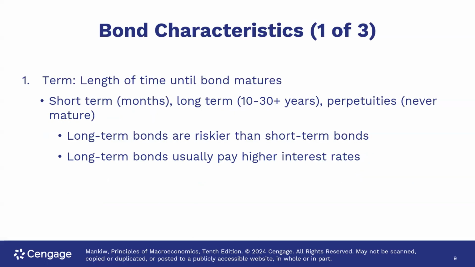So let's dig a little bit deeper into the bond. So the bond has several characteristics, and based on those characteristics, we can classify different kinds of bonds into different groups. Okay. So the first criterion is the term, which is the length of time until the bond matures.